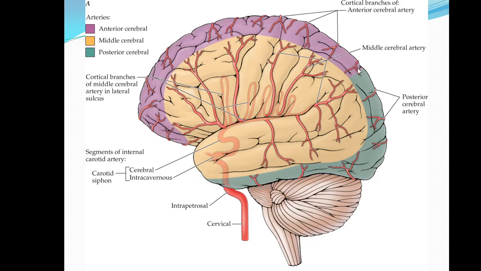The area posterior to the parieto-occipital sulcus is supplied by the posterior cerebral artery. The posterior cerebral artery also supplies the occipital pole and the inferior temporal gyrus.